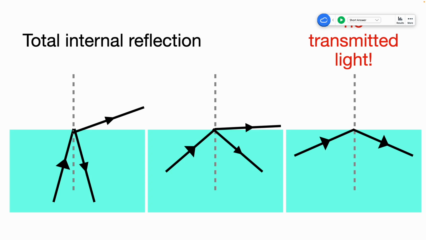But if you shoot a light from water and make a big enough incident angle with a dotted line, then when the angle is bigger than a certain value, all the light will just be reflected back because the refraction is not allowed based on some physics law.